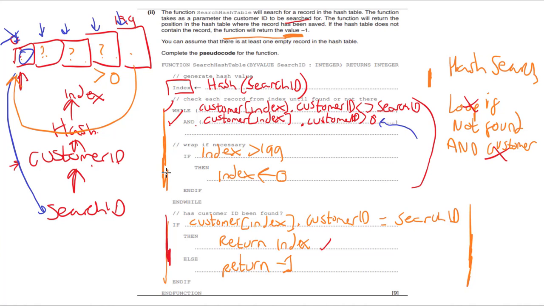So if customer index dot customer ID equals search ID, so this is basically saying if we break the loop because we found it, it'll recognize it here as well. We'll check it and we'll return the index position. Otherwise, if we break the loop because of the second condition, i.e. the customer index dot customer ID is 0, then it's going to return -1.